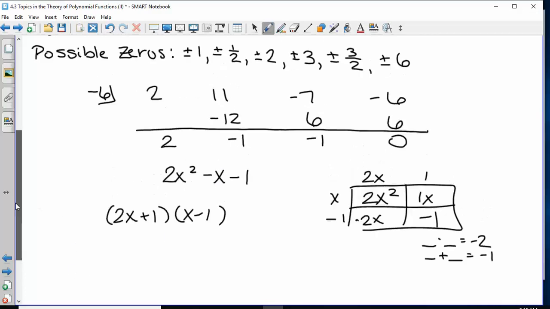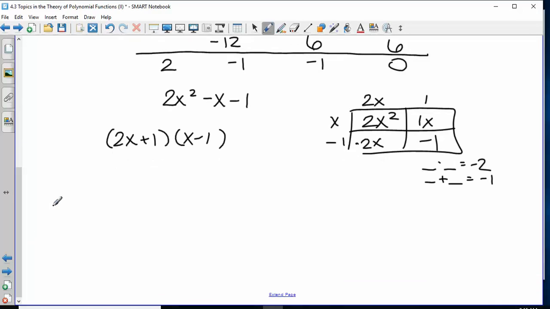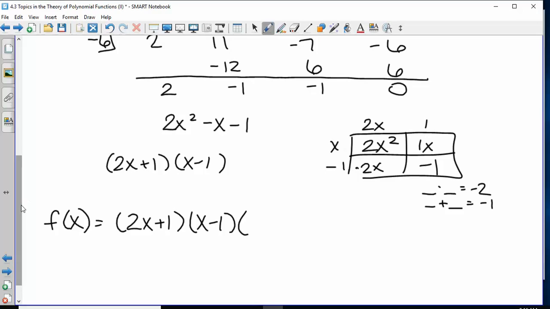Alright, so the things that I asked for were the factored form and all the zeros. So my factored form is 2x plus 1, x minus 1, and what is the other piece? x plus 6. It was originally an x cubed, so I'm expecting 3 parentheses.